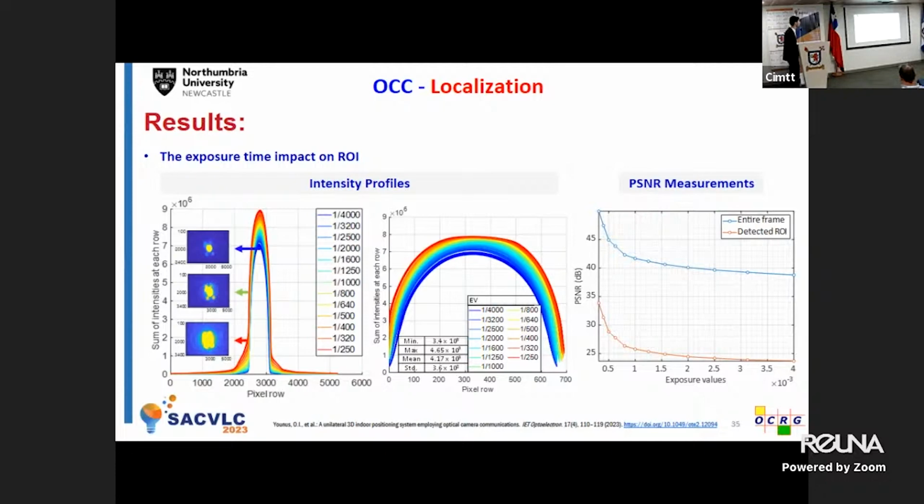And here is the detection of that light source at different exposures. We looked into something called peak signal to noise ratio, the pixel signal to noise ratio between the transmitted and received ones, and found the difference. Again, this paper is already published and you can find the source here.